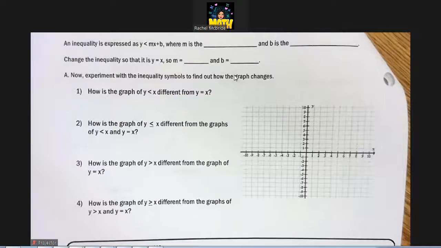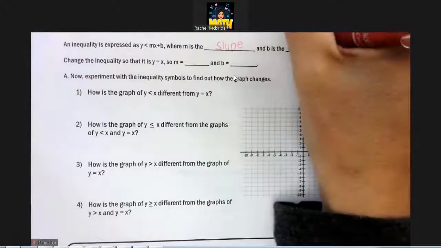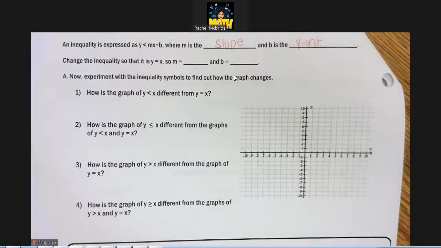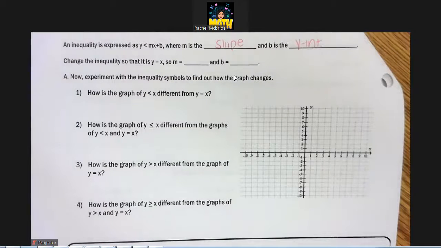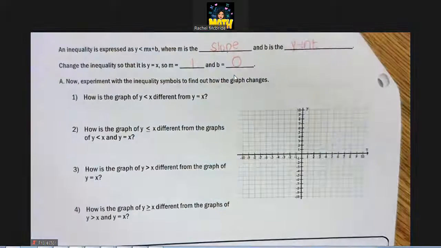So an inequality is expressed as y less than mx plus b, where m still represents slope. So again, the m value still represents slope. The b value represents the y-intercept. So if we have y equals x, then my slope is 1, and my y-intercept is 0.